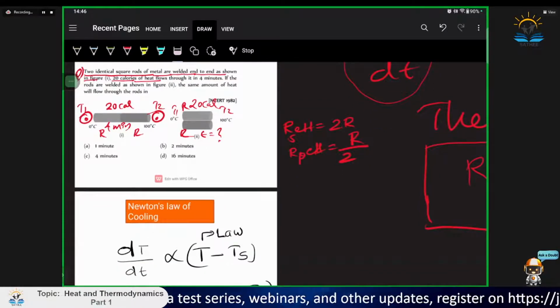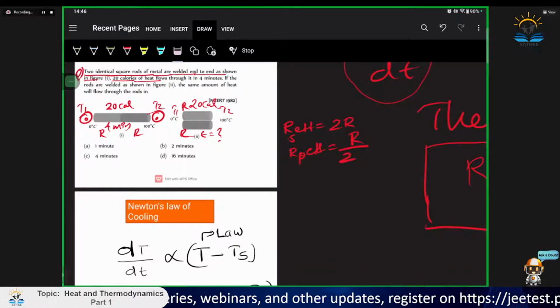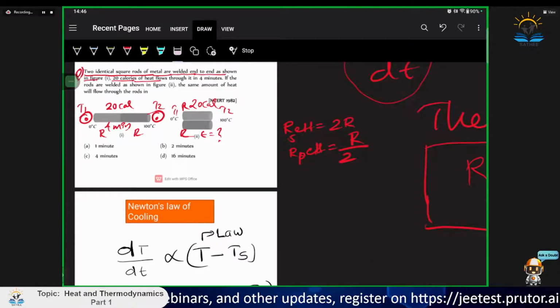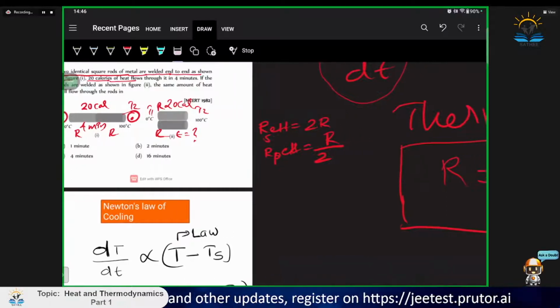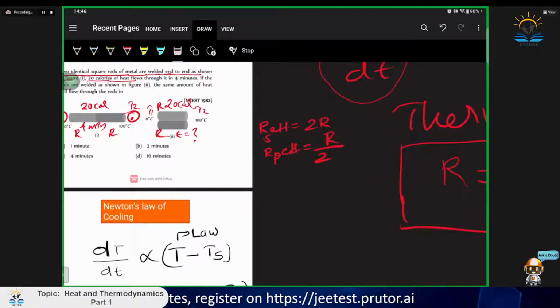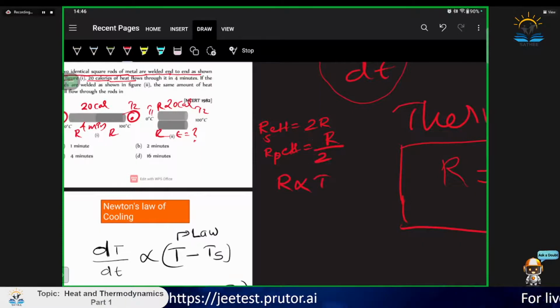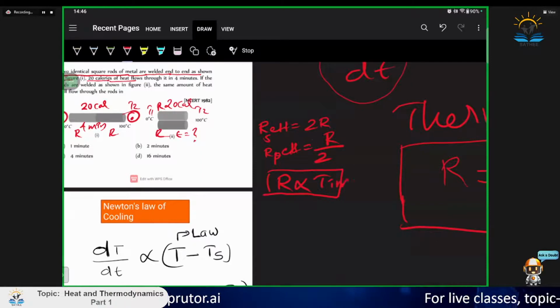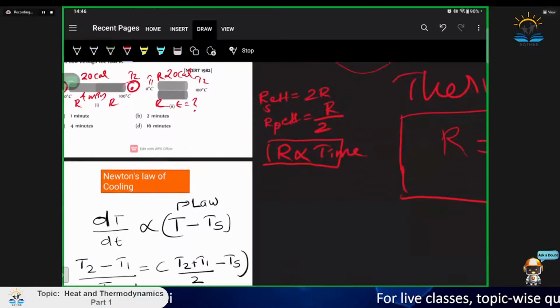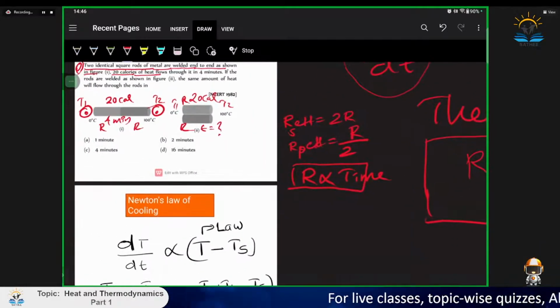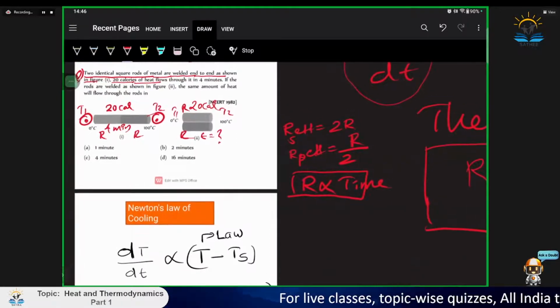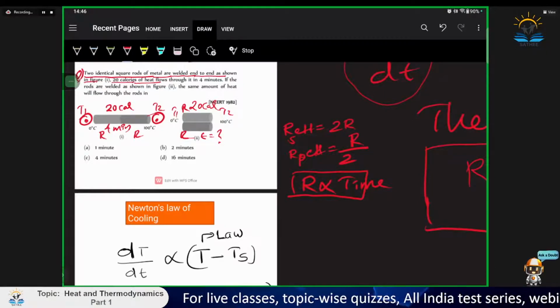Okay. Now they have told that time. So we all know that R is proportional to time. Like when resistance increases, time also increases. Okay.